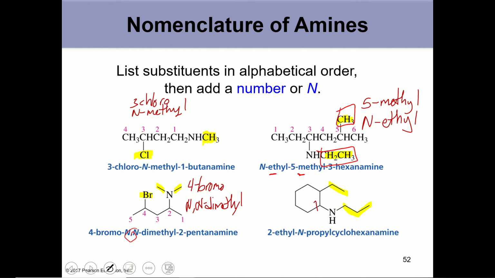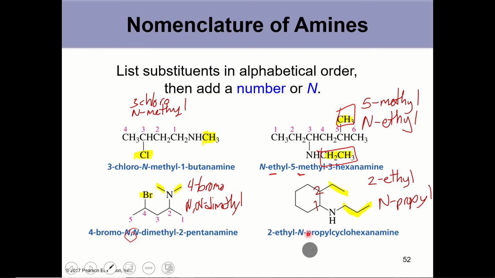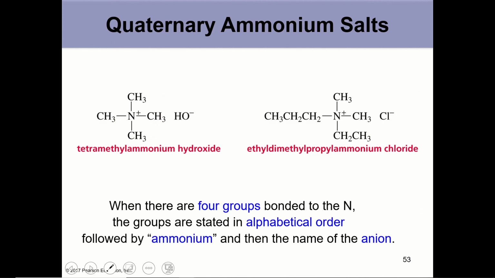The carbon bonded to ethyl is carbon 2. So our substituents are 2-ethyl and N-propyl. And then our name is 2-ethyl N-propyl cyclohexanamine, with the ethyl alphabetically before the propyl.